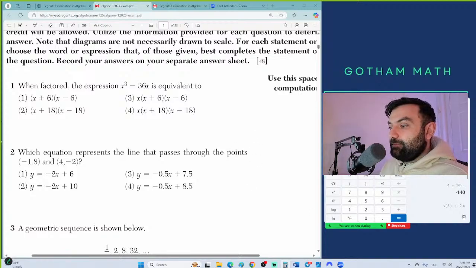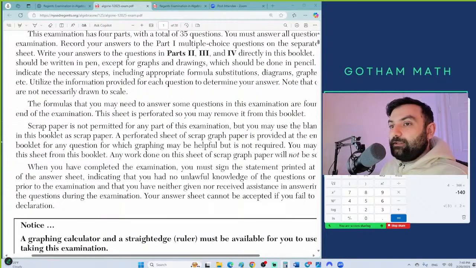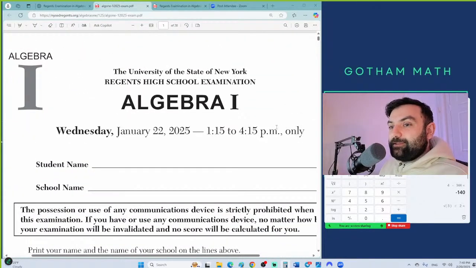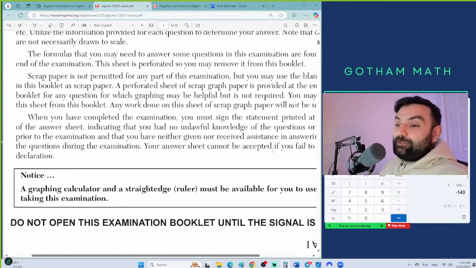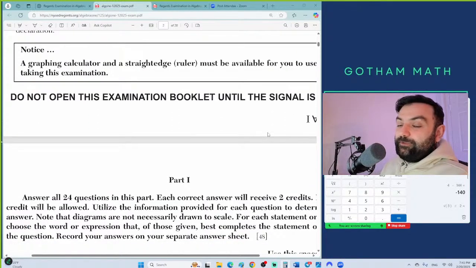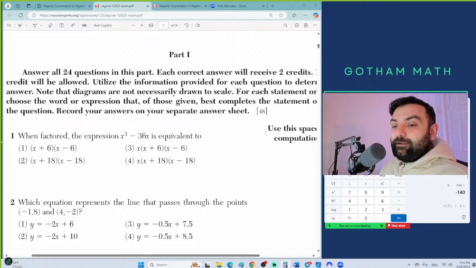All right, so starting our stream, we finally got to get to the problems of Algebra 1 Regents January 2025. That's the latest one, the most recent one, right? By the most recent test, we can see what's coming.